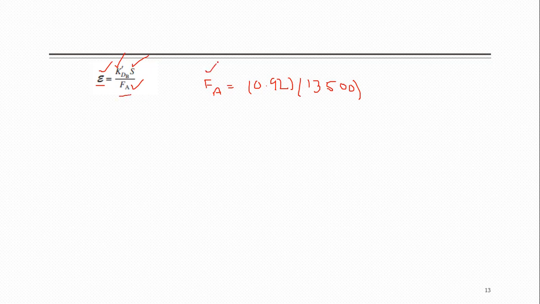FA we have already seen from here, KD was given, and epsilon I've just talked about, it can be calculated from equation 4.36, and in this equation 4.36 you need two terms, and they can be easily calculated from the given information.